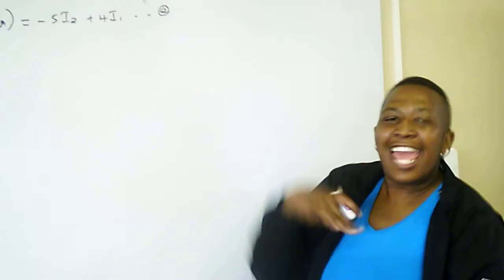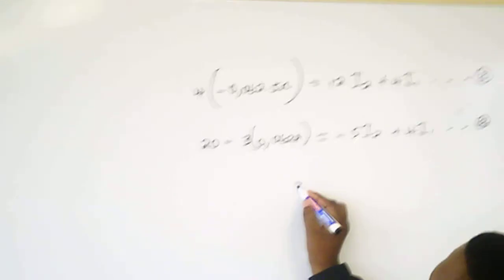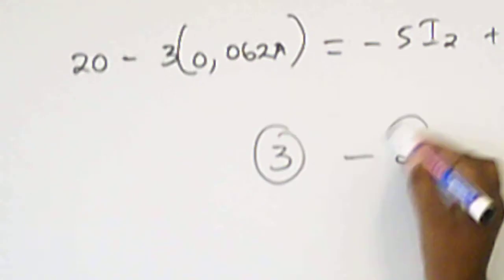So you ask yourself a question. To get 0, when you compare your I1, what must I do with the equations? Because both of them carry the same sign, positive, then I have to subtract to get 0. Meaning you will say equation 3 minus equation 2.